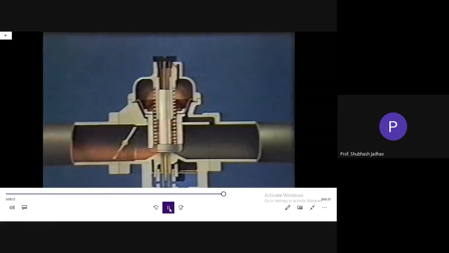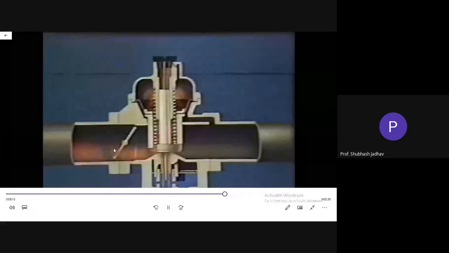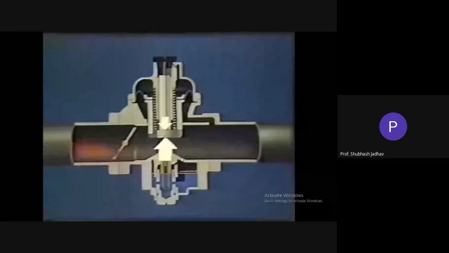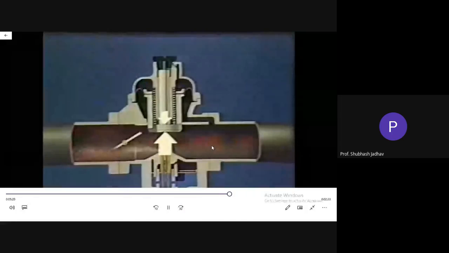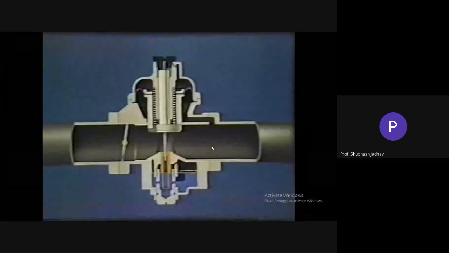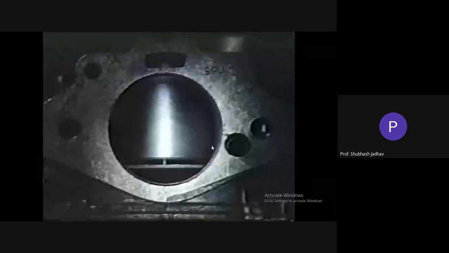Here, as the throttle is opened, this is a throttle. This is a variable Venturi type of carburetor. The fuel is coming in and a mixture is being supplied. I will explain this variable Venturi type of carburetor later. This is the equalizer system.